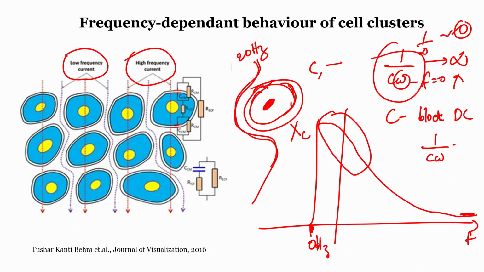It decides to go around the cell at lower frequencies. But at higher frequencies, the capacitance of the lipid bilayer membrane has very low impedance, right. So, let us say instead of 20 hertz it is 20 megahertz, a very high frequency, the current can pass through because it is a low impedance path now.